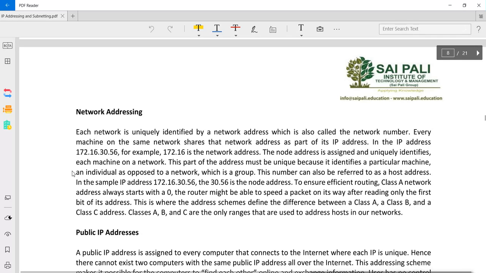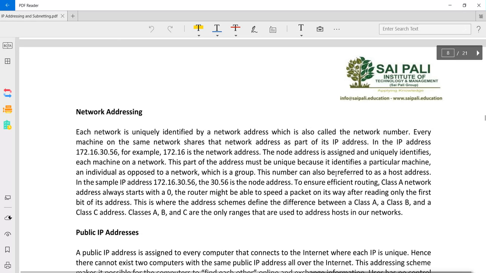In an IP address like 172.16.30.56, for example, what class is this? This is class B. If it is class B, the first 2 parts are the network address, and the node address is assigned to uniquely identify each machine on the network. This part must be unique because it identifies a particular machine, an individual, as opposed to the network, which is a group.